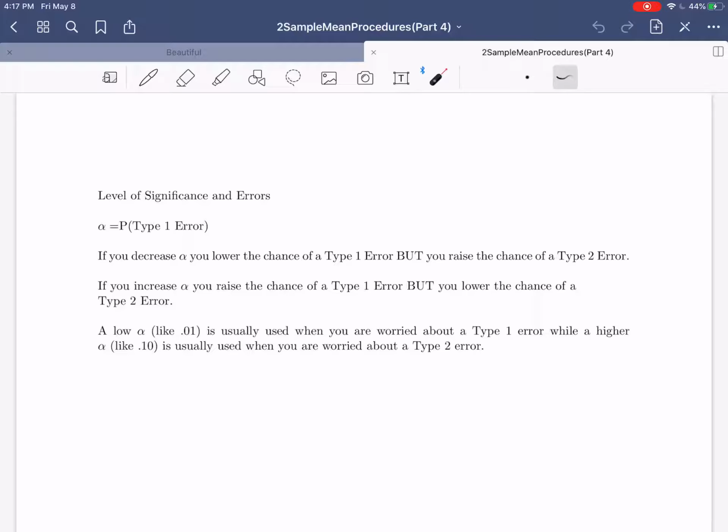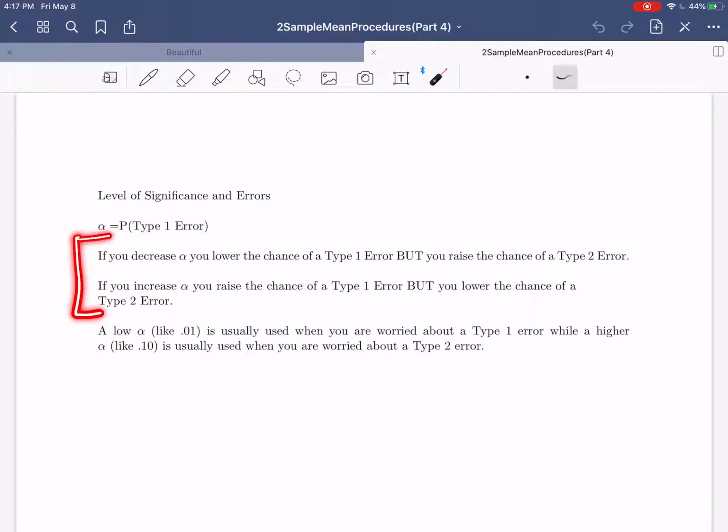And that should make sense. If you decide to make it harder on yourself to find evidence, that'll limit the chances that you commit a false positive error, but it will raise the chance that you miss a given effect. The opposite is true as well. If you increase your alpha, you naturally raise the chance of making a type 1 error. But as a benefit, you lower the chance of a type 2 error.